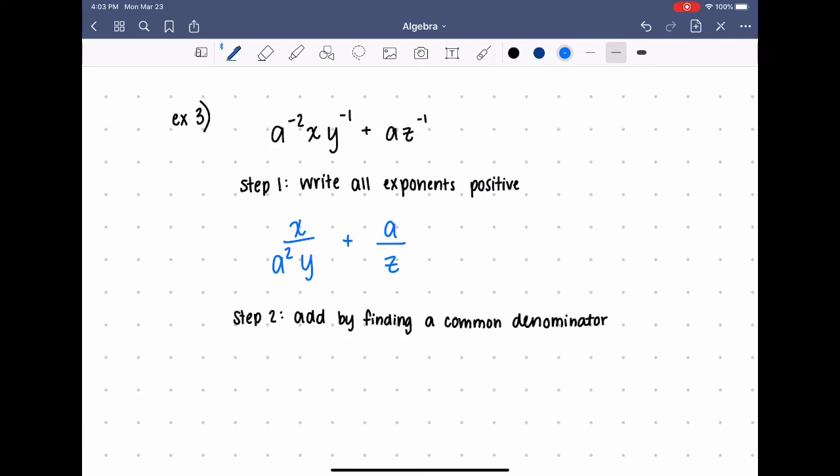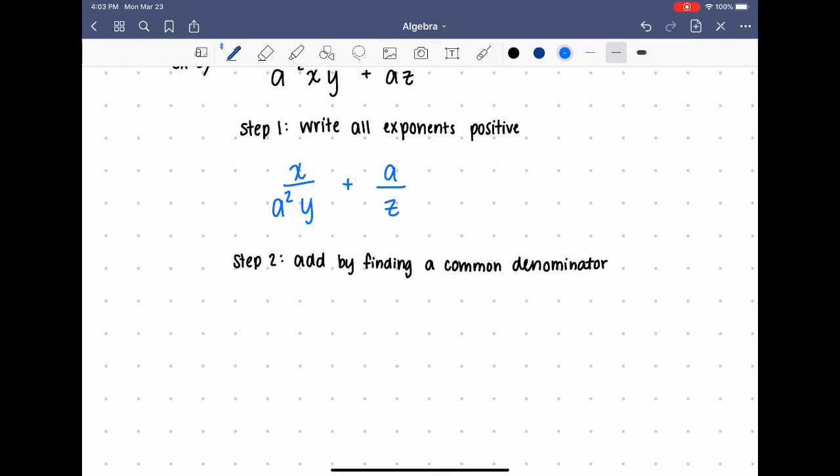So now that I have all of my exponents positive, I go to step 2, and I'm going to find a common denominator. So I'll just take my 2 denominators, and let's multiply them together. We have a squared y times z, which just equals a squared y z. That is my common denominator.